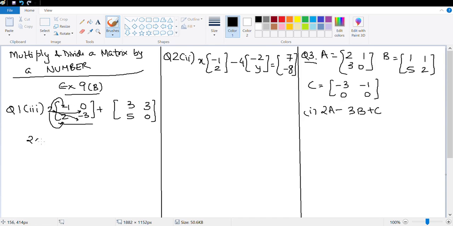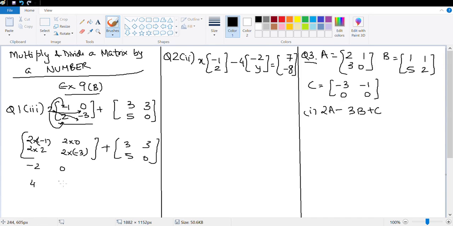So this becomes 2 into -1, 2 into 0, 2 into 2, and 2 into -3, plus the second matrix. Now this becomes 2 into -1 becomes -2, 2 into 0 is 0, 2 into 2 is 4, 2 into -3 is -6, plus the second matrix. Now it becomes simple.